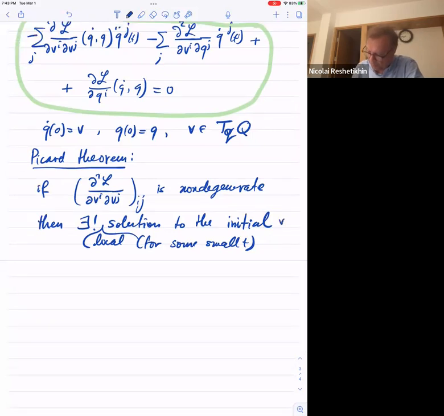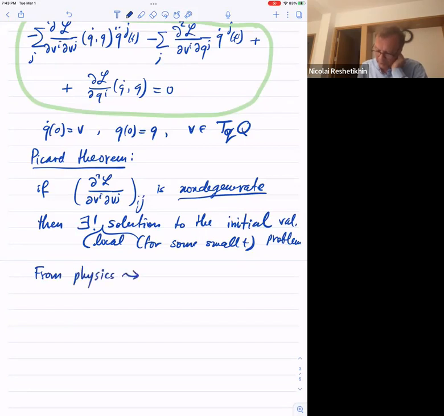So this is a natural condition that it's non-degenerate. But now, of course, from physics, we know the meaning of these derivatives. So this is like a mass matrix.